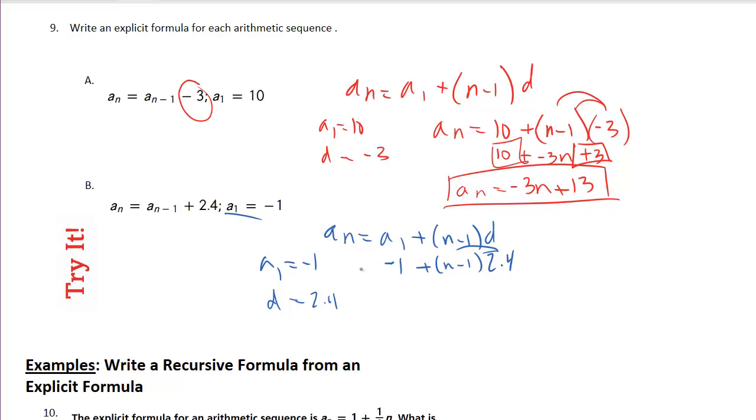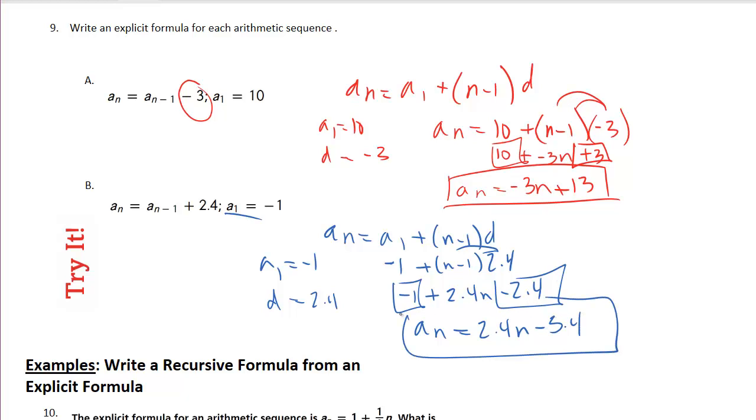We'll distribute. Then we'll combine the like terms. So I have a sub n is equal to 2.4 times n, and I have negative 1 minus 2.4 more, minus 3.4. Okay?